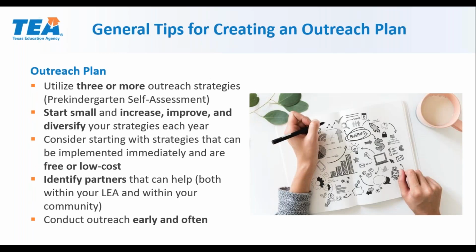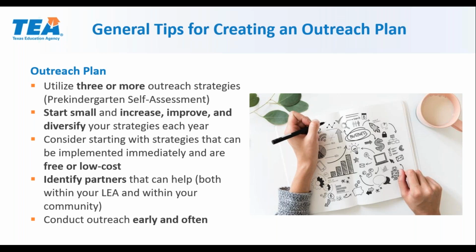So some general tips for creating an outreach plan. First, you'll want to utilize 3 or more outreach strategies. And this is from the pre-kindergarten self-assessment. You kind of break down the different categories for scoring, and 3 or more is what is recommended for that highest category.